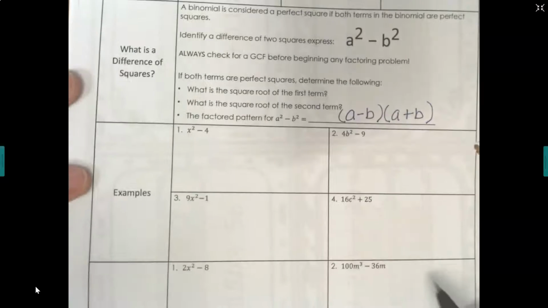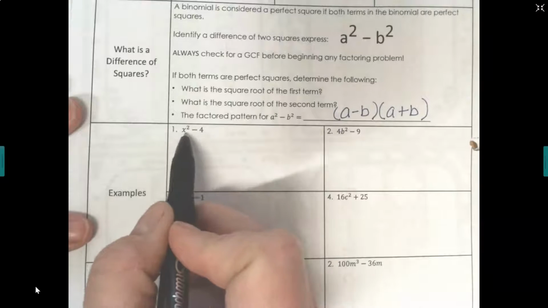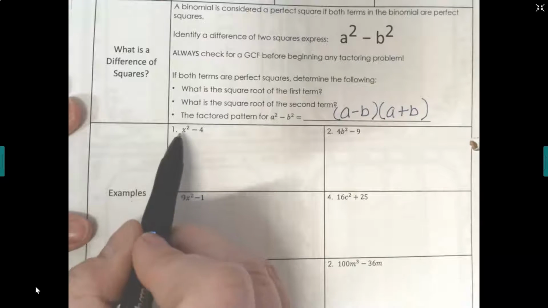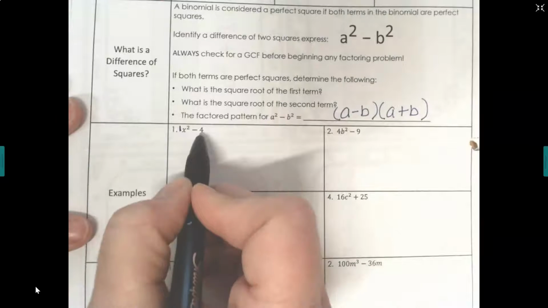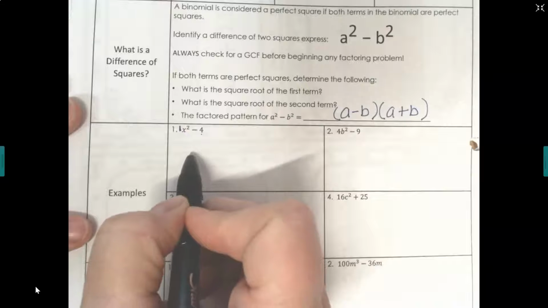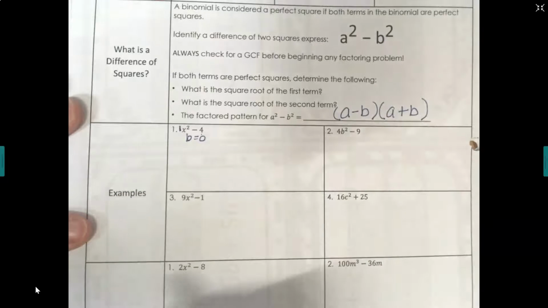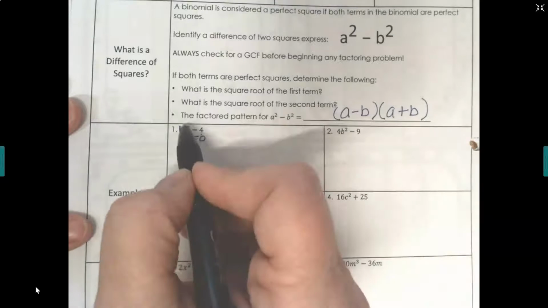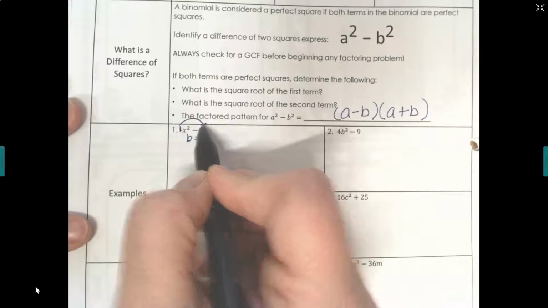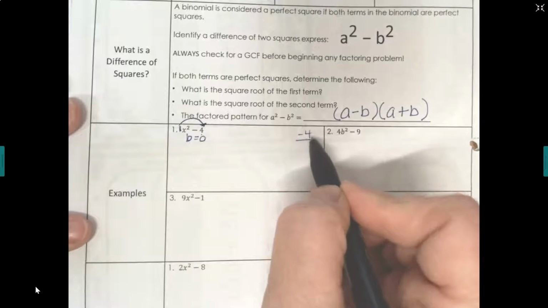So let's take a look. We're going to do this the way we've done it, and then I can show you another way. When we only have two terms, A is 1, and negative 4 is actually C. That's because our B term is 0, because it canceled out. So when we do A times C, we get negative 4.